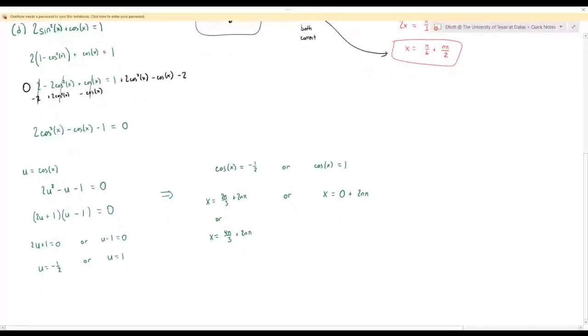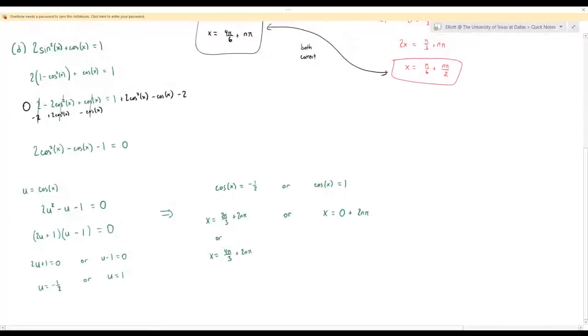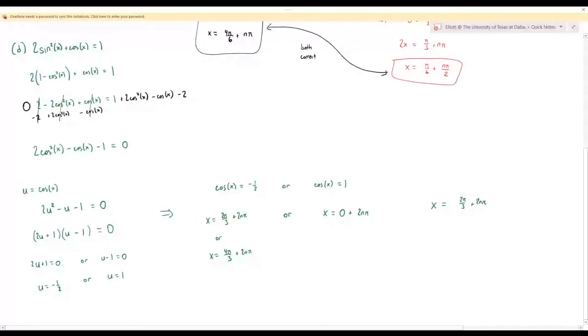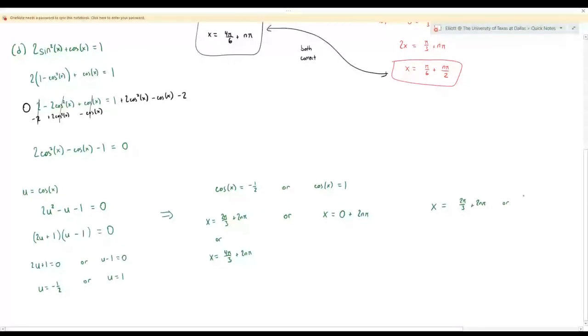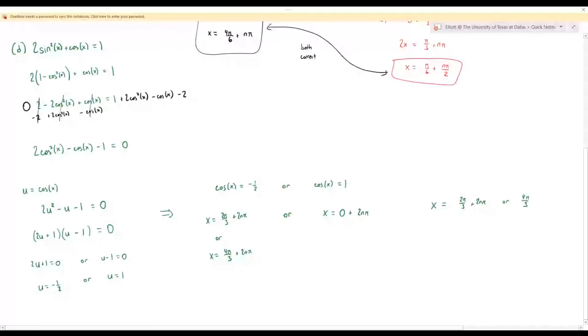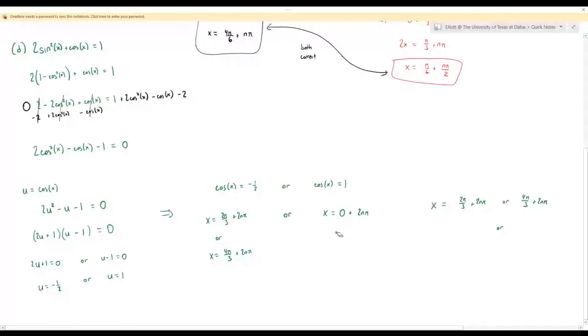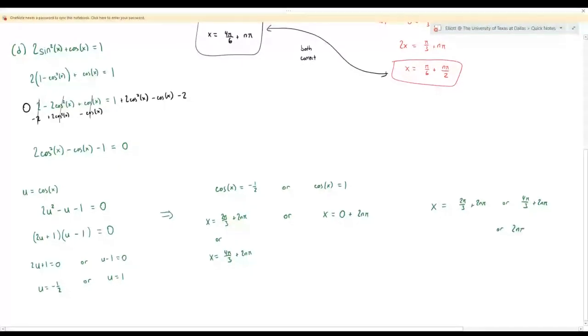So that leaves us with 3 expressions for the general solution. So x could be 2 pi over 3 plus 2n pi, or it could be 4 pi over 3 plus 2n pi, or it could also be 0 plus 2n pi, which we can just write as 2n pi.